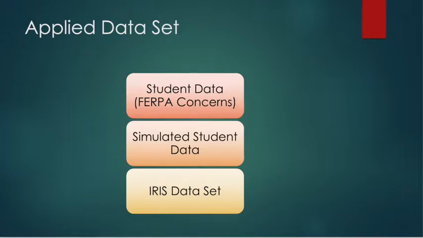So for this project, I originally wanted to use student data as part of the analysis. However, because of FERPA concerns, actual student data is not something we can use and share. So what I did is I took that data, and once I explored it a little bit, I was able to develop a simulated student data set using just some basic normal distributions for each feature and create a data set of the same size as the data that would have been extracted from the Oracle database.